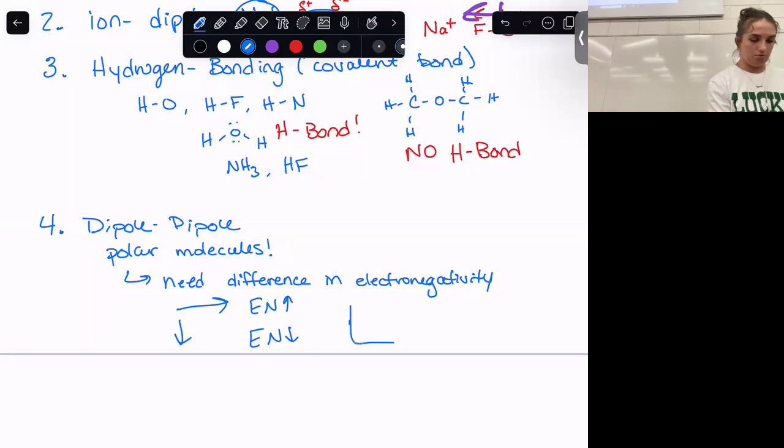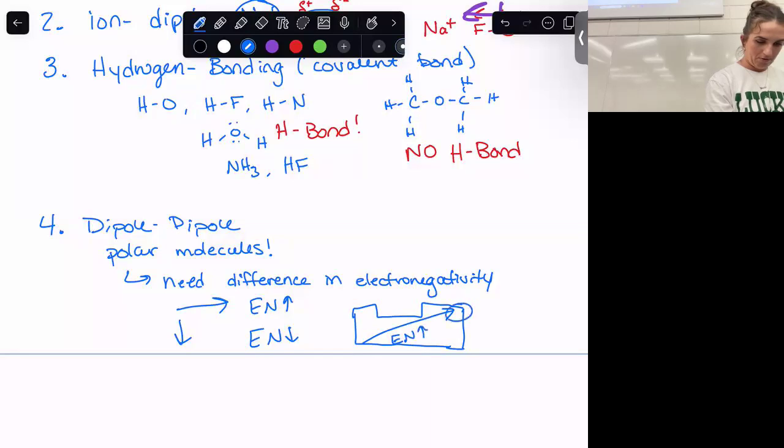Yep, so we look at the periodic table here. Right, as we go left and up, we're going to get more electronegative. So fluorine is our most electronegative atom.